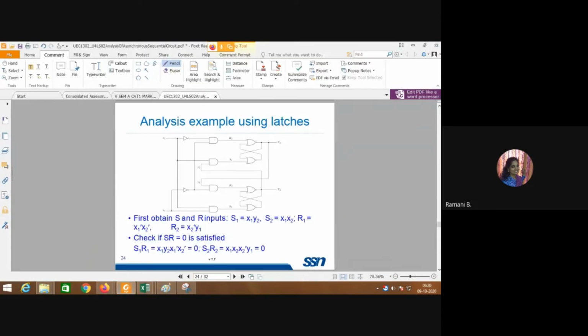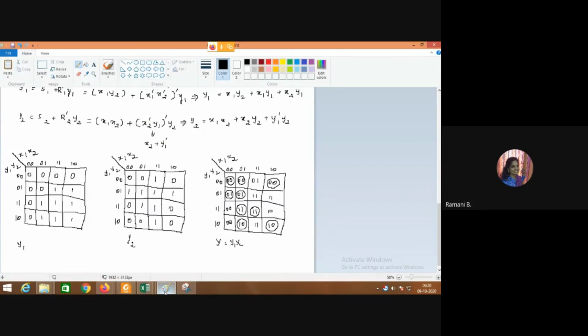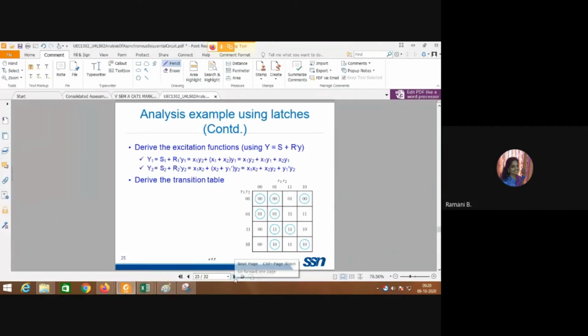So that is what is given in this slide actually. The transition table we derive the same way. So this is how we do the analysis of asynchronous sequential circuit when it is given with the latches.